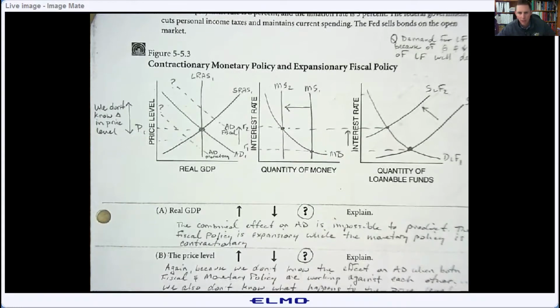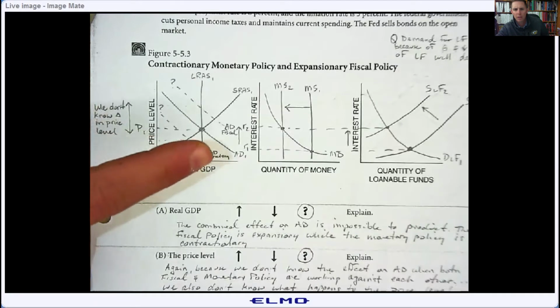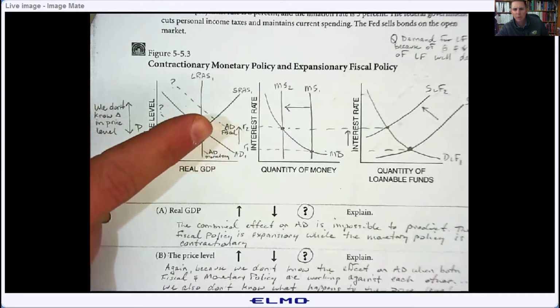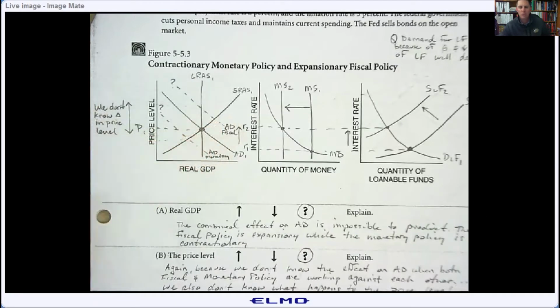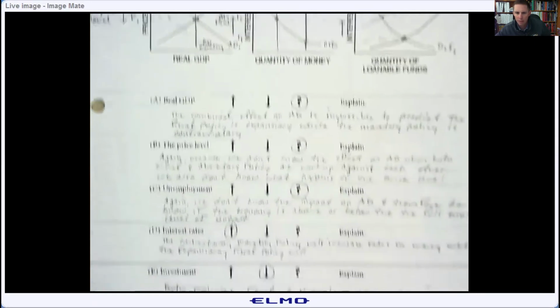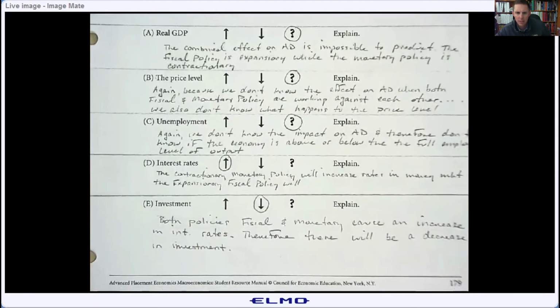The reason why is we're having some policies work counter. So you may have expansionary by fiscal and contractionary by monetary, or vice versa. So when it says here, for example, we don't know the effect, that is, we don't know, was it fiscal or monetary? We had expansionary fiscal policy, but contractionary monetary policy in this one. We don't know which one had a greater impact on the economy. So as we slide up here, taking a look at C, D, and E.